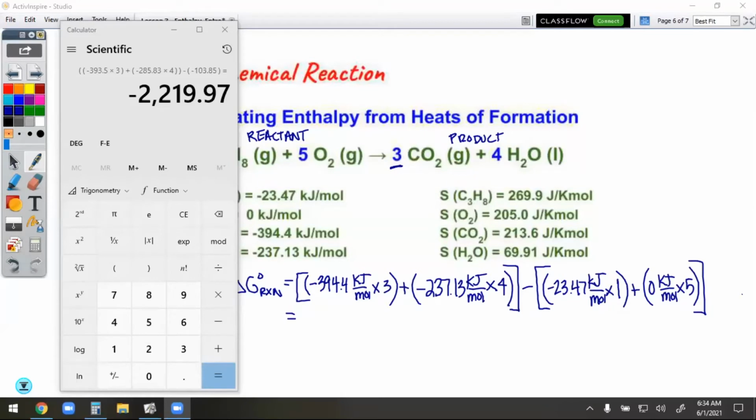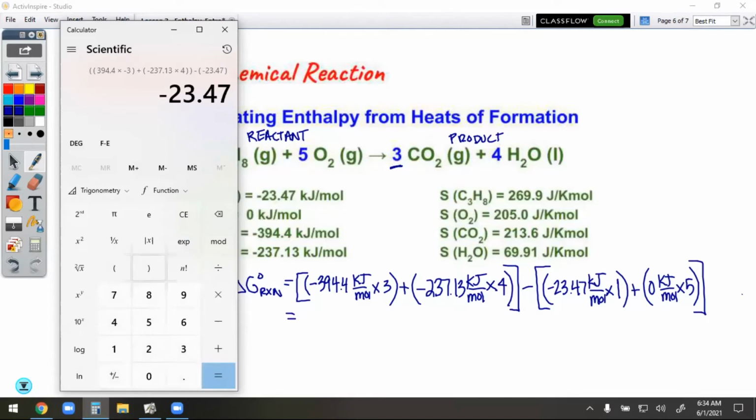So when we solve, we're going to type into our calculator 394. Use some parentheses here. So we have 394.4 times 3, negative, plus, open parentheses, 237.13 negative times 4, close parentheses, minus, because we're going to subtract the reactant side, 23.47 negative.